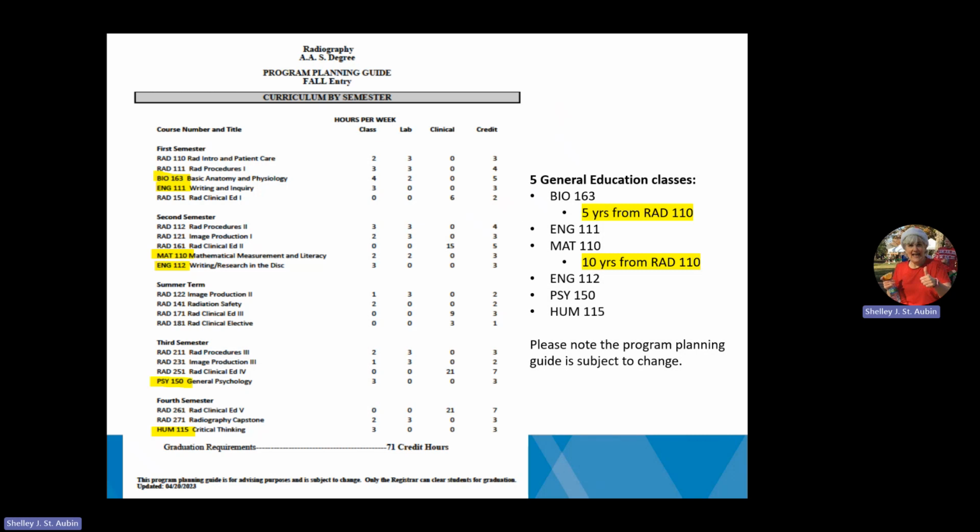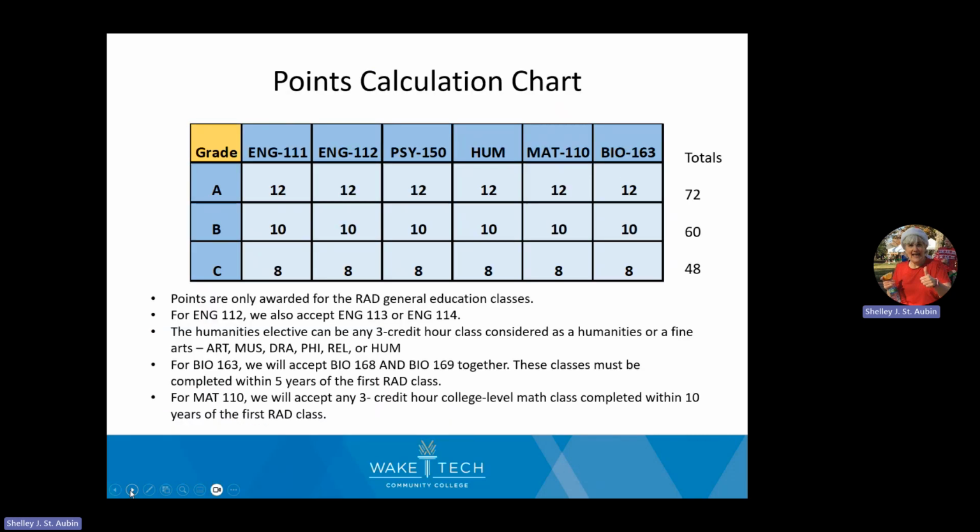So there are 6 general education courses that are part of the radiography program. We award points based on the grades you make in those classes. An A is worth 12 points, a B is worth 10, a C is worth 8. We only award points for those 6 classes.